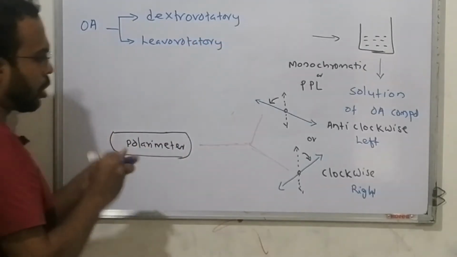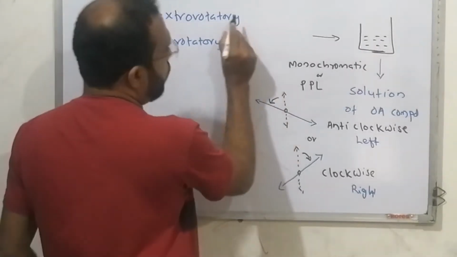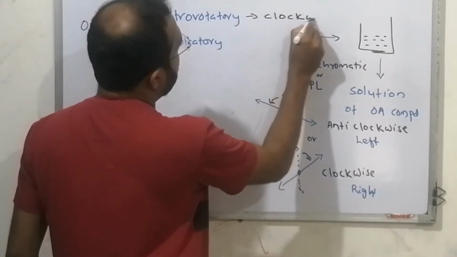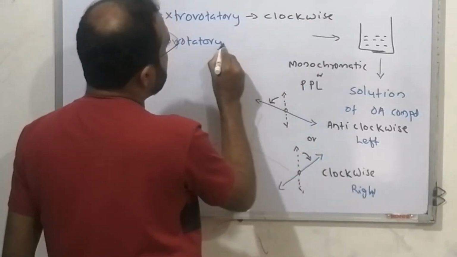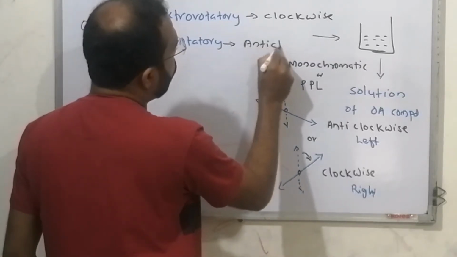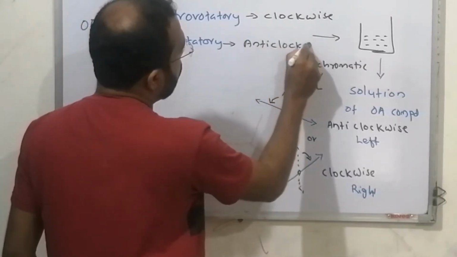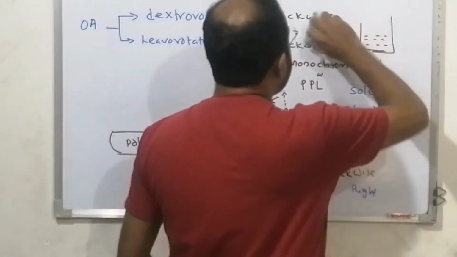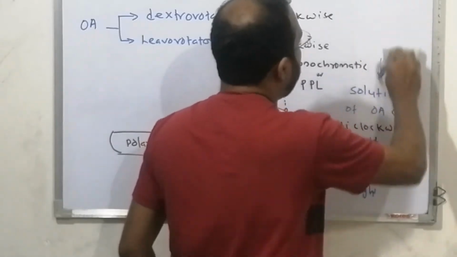It will be dextrorotatory if the rotation is clockwise. It is levorotatory if it is anti-clockwise rotation. Therefore, the molecule will be of two options.